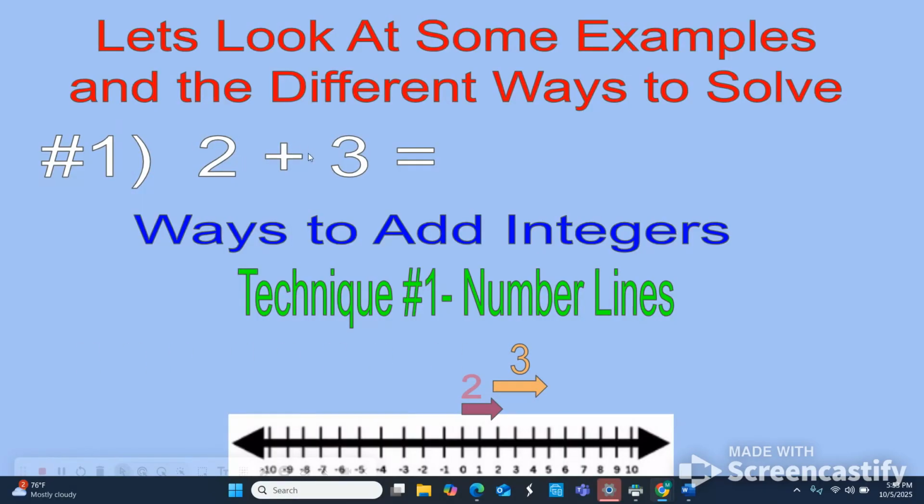So when I do 2 plus 3, where I end up is my final answer to that addition problem. Obviously 2 plus 3 is the 5 that we already know. We learned that a long time ago, but I just want to show you how that type of problem works if we use a number line to solve it.